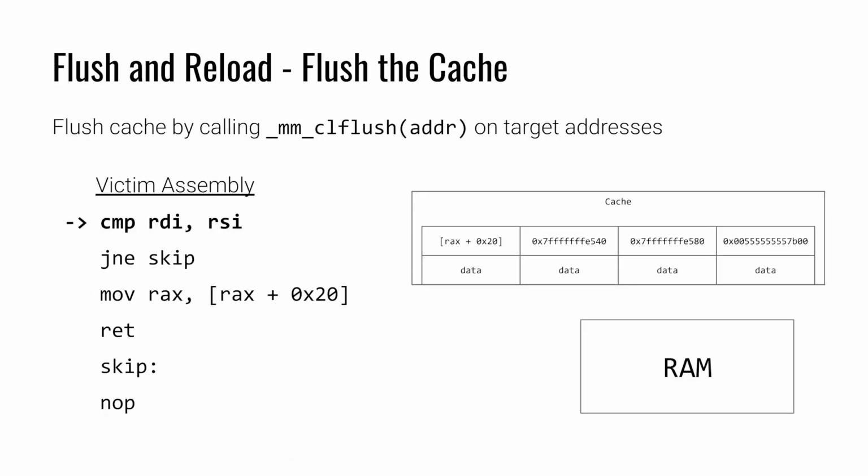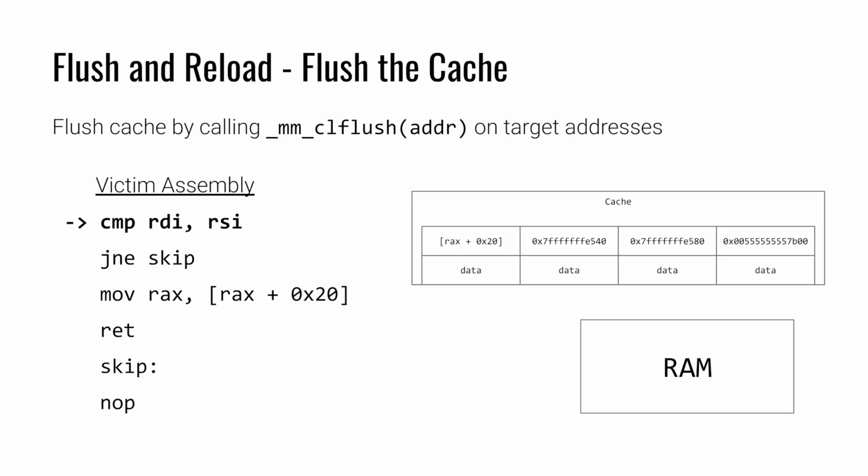So we said the first step is to call mmcl_flush on the target addresses, on the locations that we're interested in. So we have some victim assembly function, and just looking at the victim assembly, there's a branch where we either access memory or we don't. And so what we're trying to figure out here as the attacker is what happened at this branch.